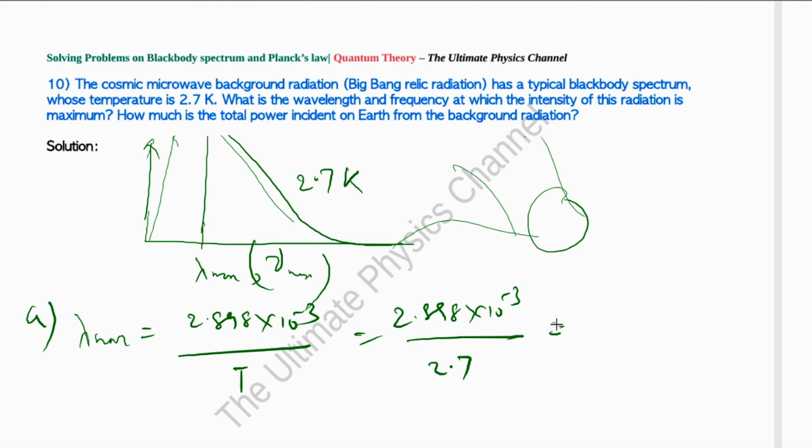If this is worked out, we are getting 1.073 into 10 power minus 3 meters, right?